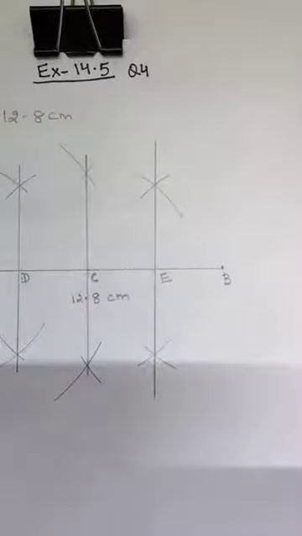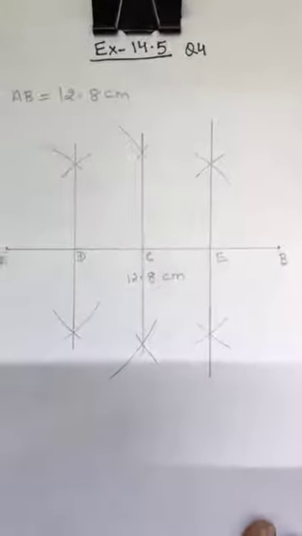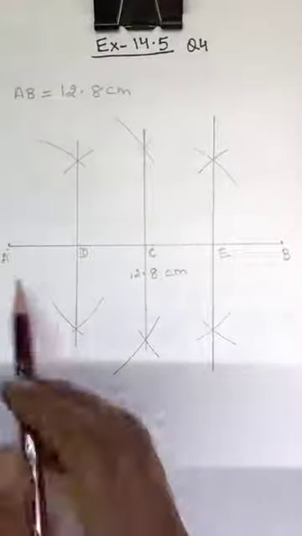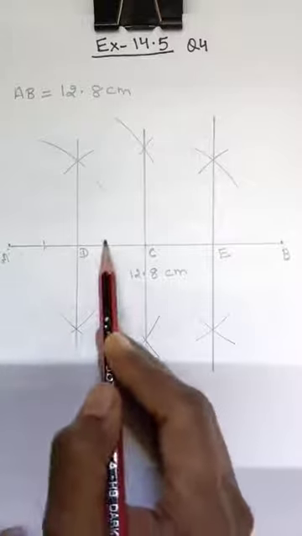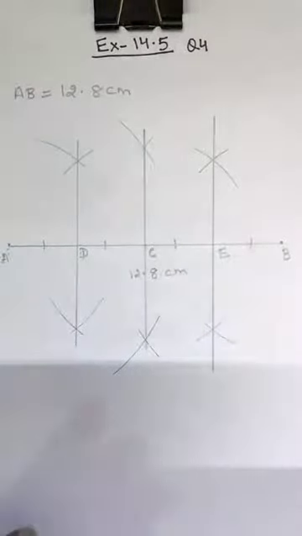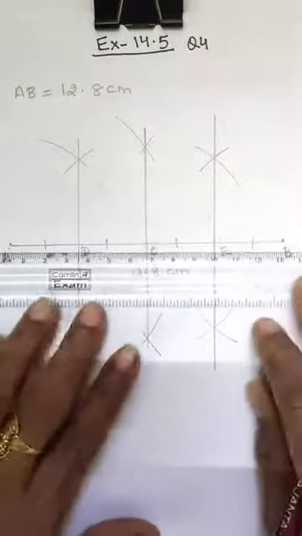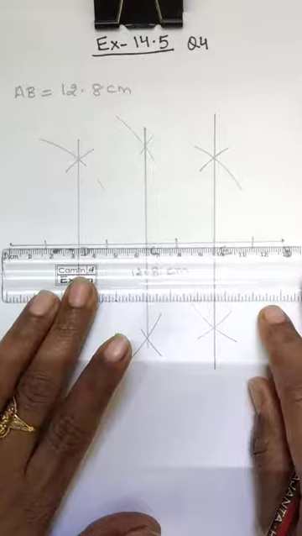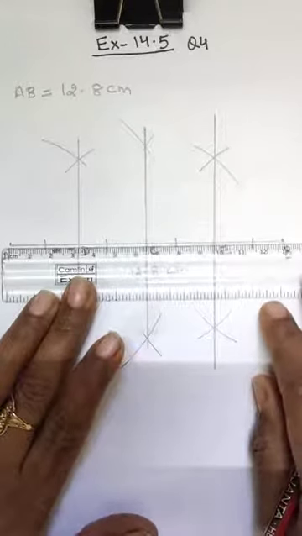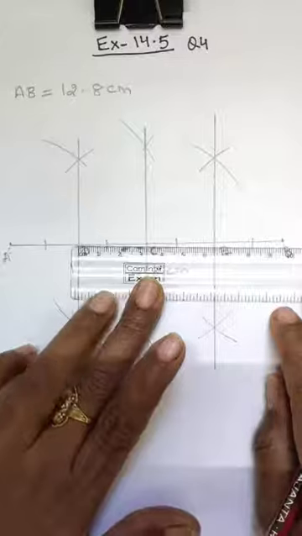Now see, this line segment of 12.8 centimeter is divided now into 4 equal parts. First part, second part, third part, fourth part. You can verify it by actual measurement. See, this is 3.2 centimeter. This is also 3.2 centimeter.